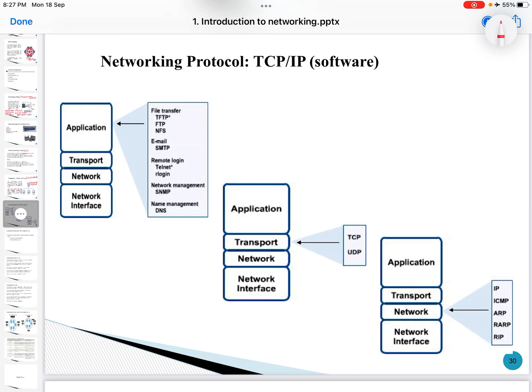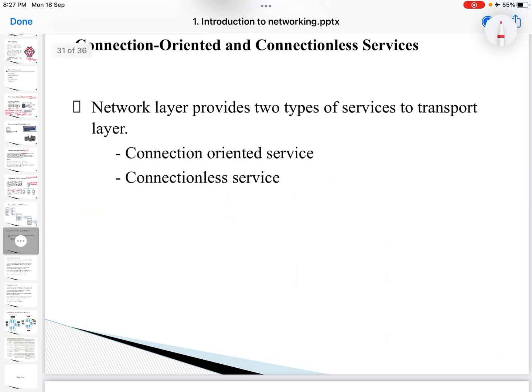Networking protocols, you have TCP, IP protocol. There are two services, connection-oriented and connectionless services. Network layer provides two types of services to the transport layer. So the first layer is your physical layer.